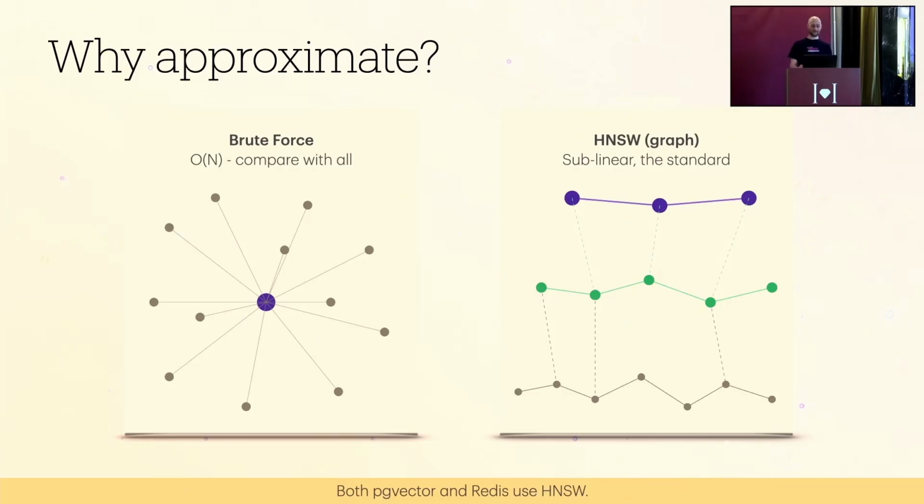The technical name is approximate nearest neighbor, ANN, but don't let the geometric vocabulary fool you. Neighbor here means semantically similar, not physically nearer. The algorithm for both pgvector and Redis is HNSW, hierarchical navigable small world. So that part is the same for both solutions.